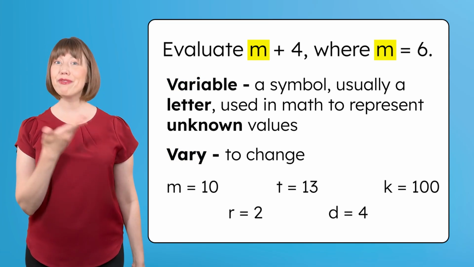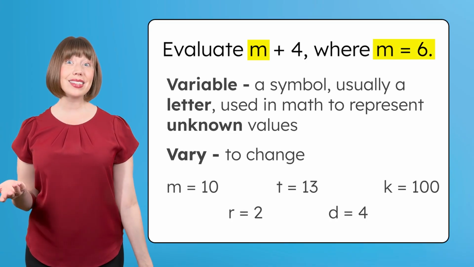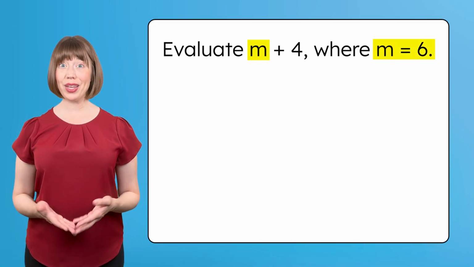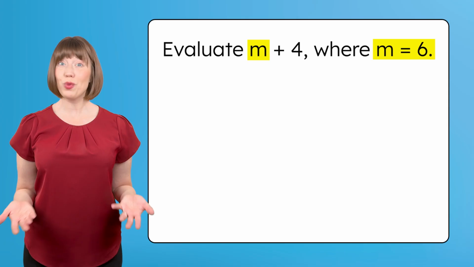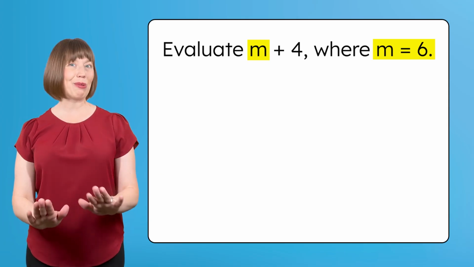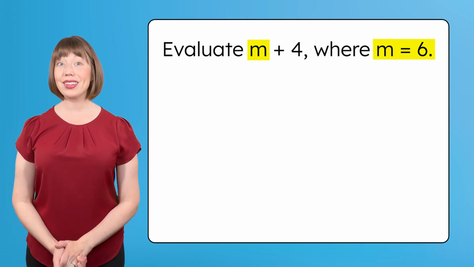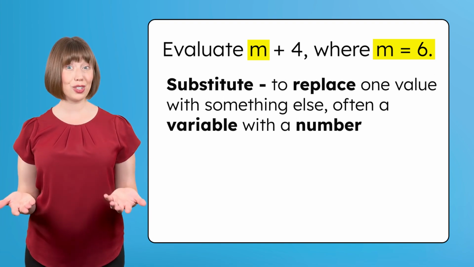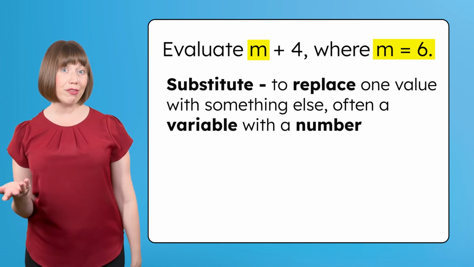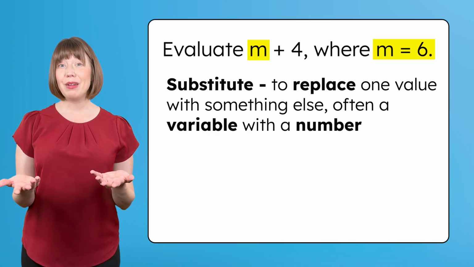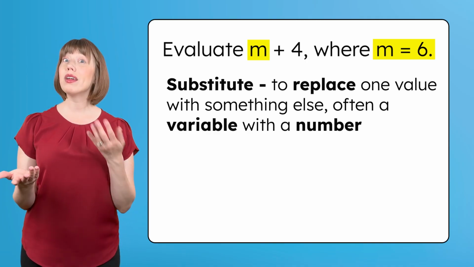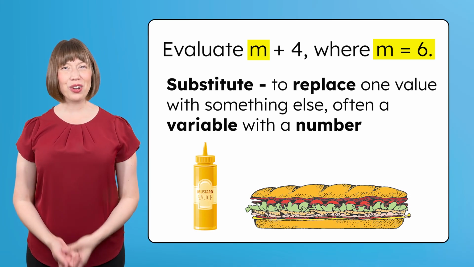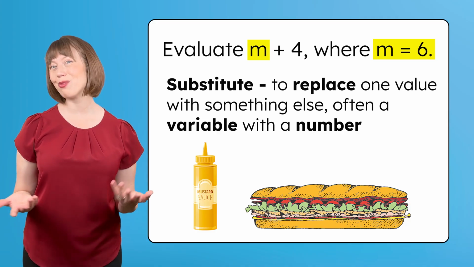In this case, the value of the variable is 6, but we could also evaluate this expression to find its value with other numbers. Now, before we can evaluate this expression, we will need to substitute. To substitute is to replace one value with something else, often a variable with a number. You may have heard the word substitute when ordering at a restaurant.